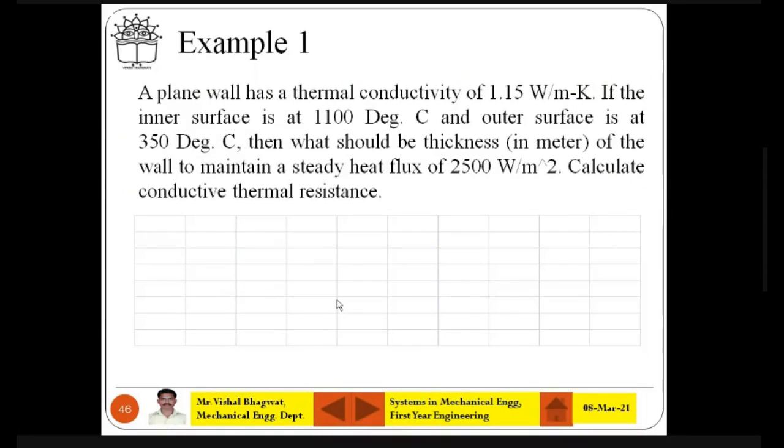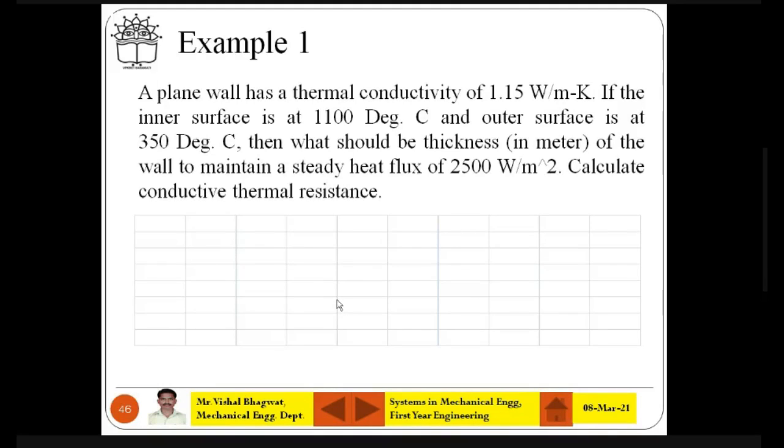You read the numerical. There is one plane wall or a plate, with thermal conductivity of 1.15 watt per meter Kelvin. No worry about the unit of thermal conductivity because it is in a normal unit.